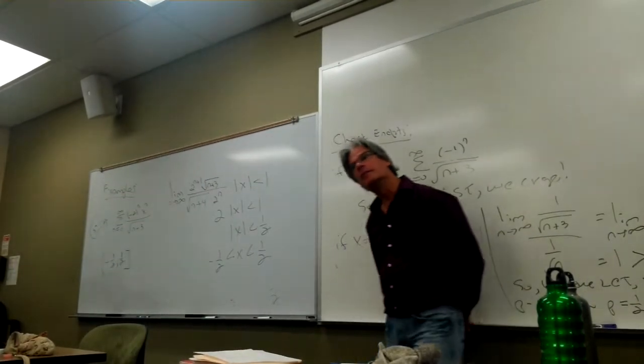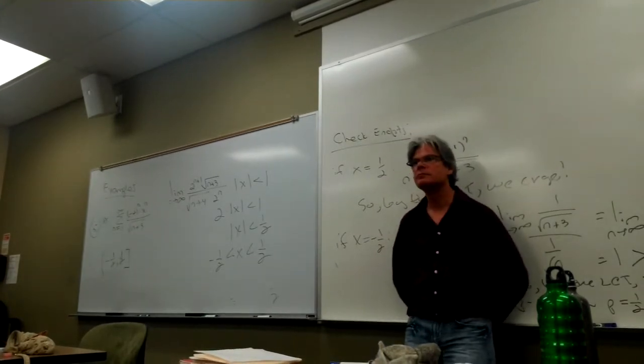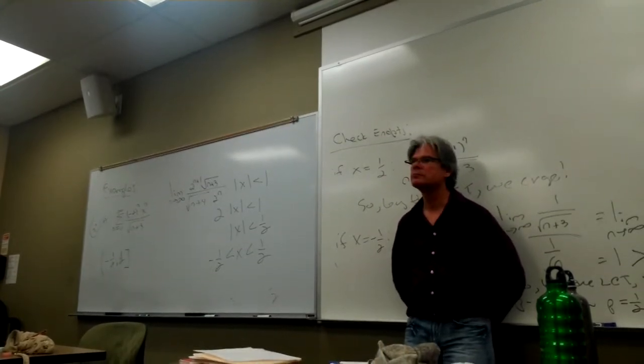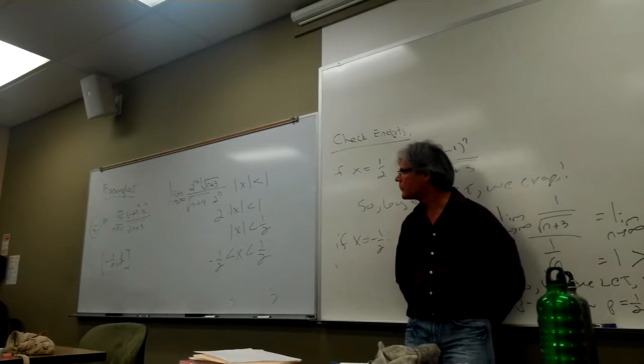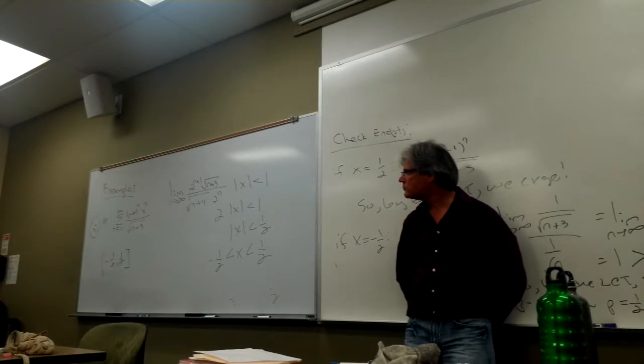So when you have a power series representation of some function, you get your radius of convergence for whatever number. What that tells you is, from positive 1/2 to negative 1/2, at positive 1/2 your approximation is exact.